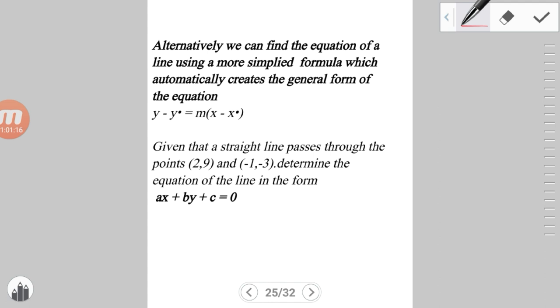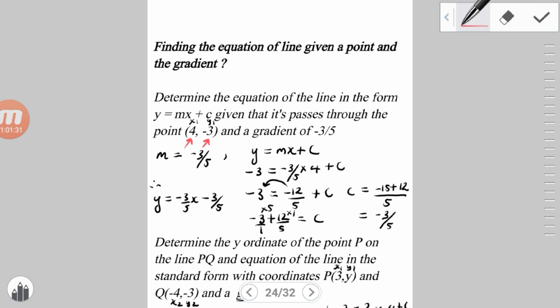In part 3, we're going to be looking at another variation when it comes to finding the equation of the line. We're going to look at, for me personally, a more simplified formula that allows us to do less work. Now, in the examples that we are doing here, notice that to find the equation, we have to always find c. Not only do we have to find m, but in addition to that, we have to find c.